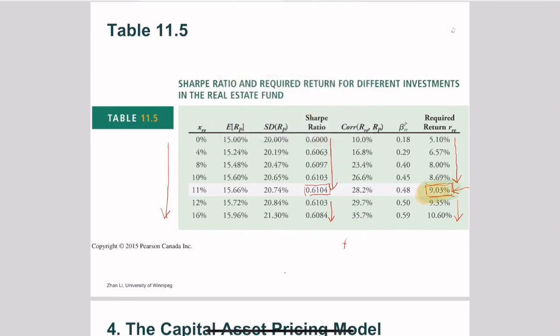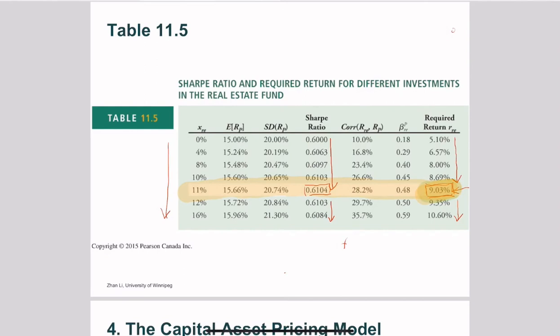And from this table, we can tell that this is the best combination. That is, you want to have a portfolio weight of 11% in this real estate fund. And you can see that at this portfolio weight, the Sharpe ratio reaches the largest possible value, right?